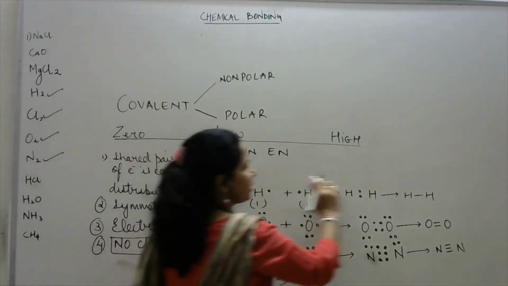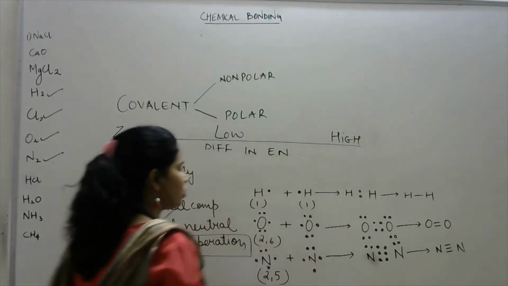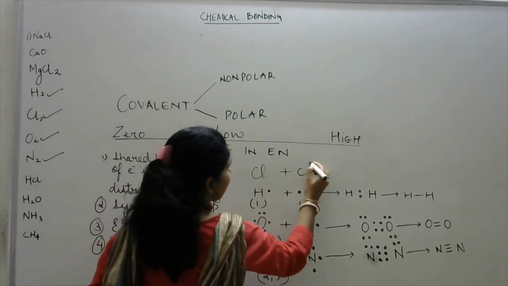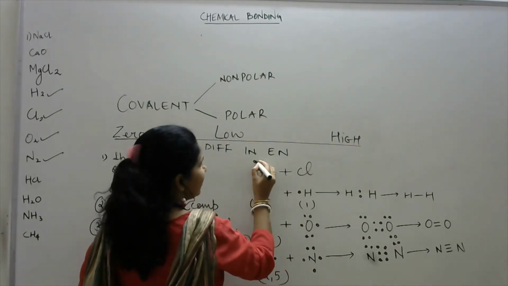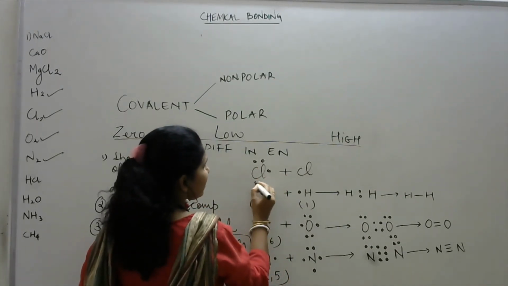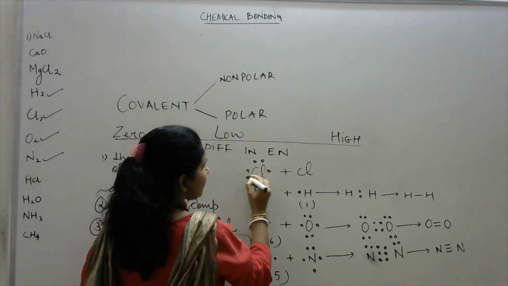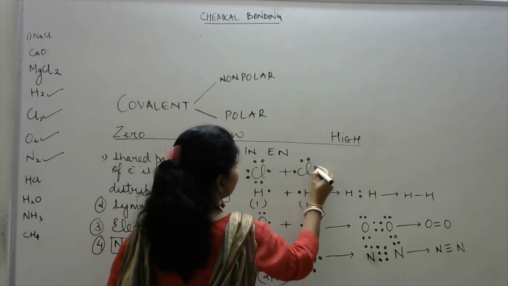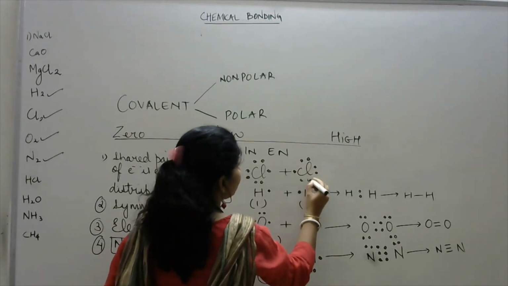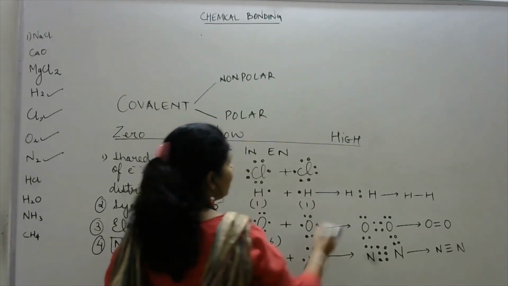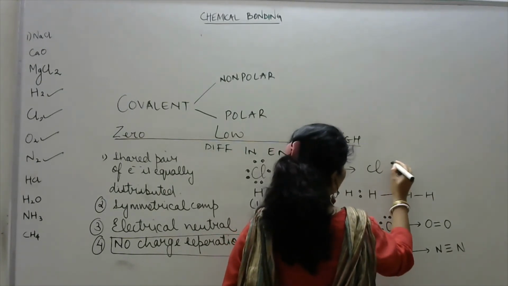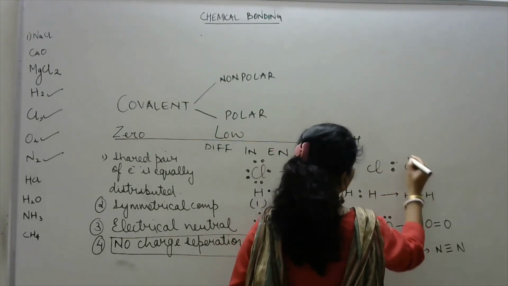So all these here, hydrogen, oxygen, nitrogen, and even Cl2, Cl plus Cl. Cl will have outermost orbit में 7 electrons. So it will share 1 pair of electrons to complete its octet. The chlorine shares.